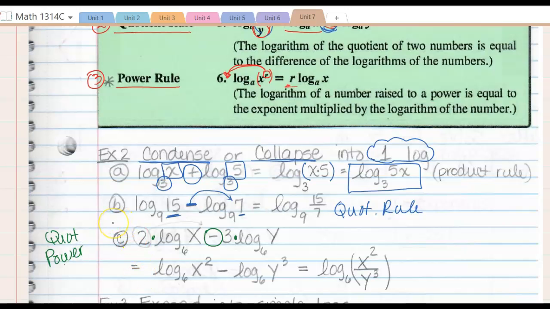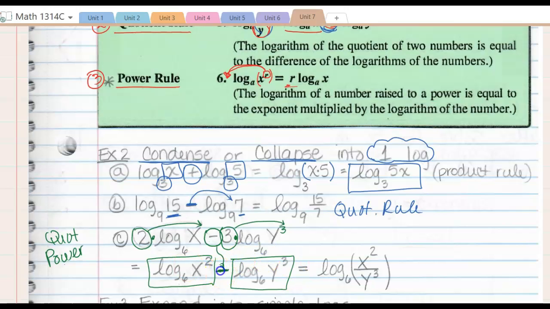I'm going to use the power rule first. I'm going to bring this 2 to be the exponent of the x, and that's where you see this part. I'm going to leave the minus sign, and I'm going to do the same thing for this 3. I'm going to bring it as an exponent right here with the y, and that's why you see this guy down here.